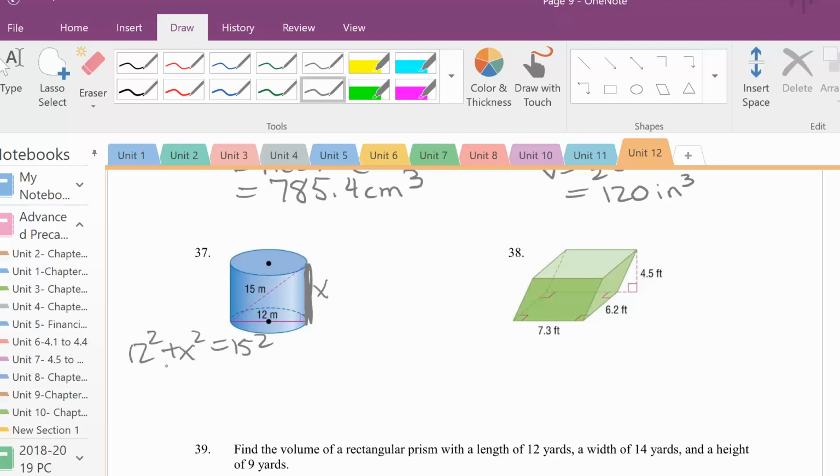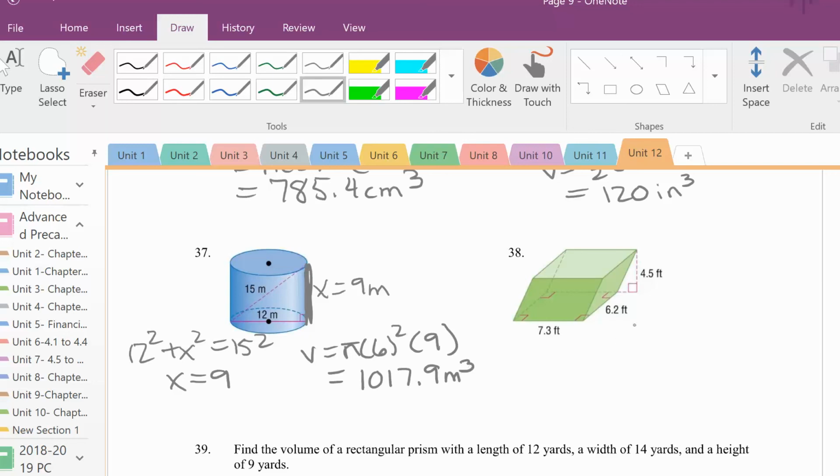And when you do the Pythagorean theorem, you'll get that x equals 9. So now the volume is pi times, actually 6 squared, because the radius would be 6, times 9. And when you multiply that out, you get 1,107.9 cubic meters.